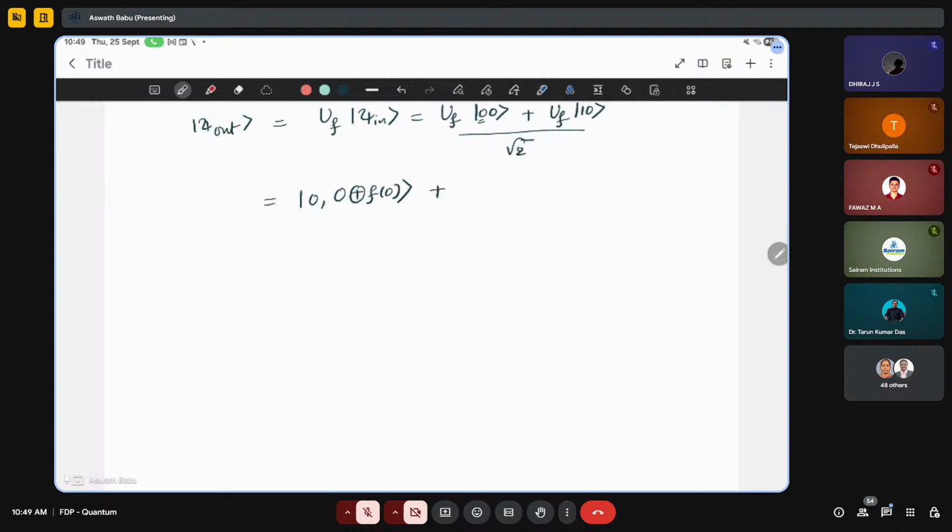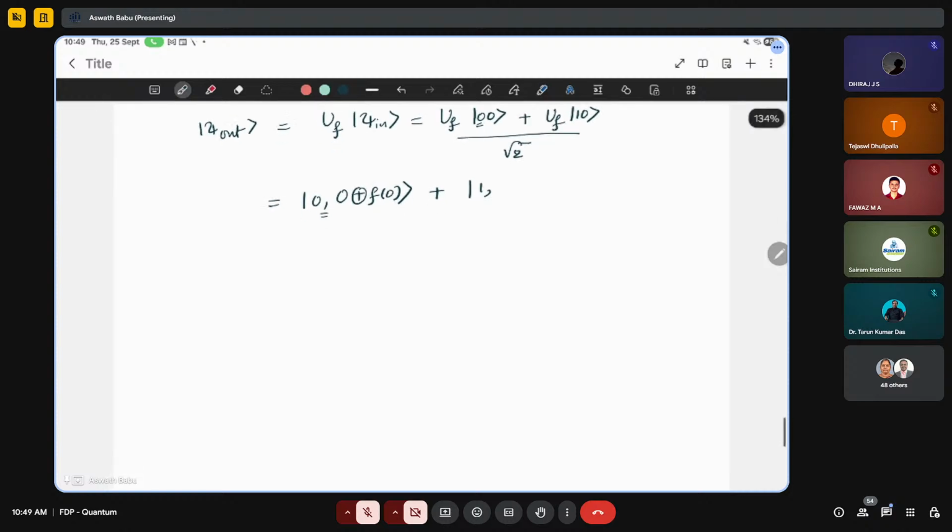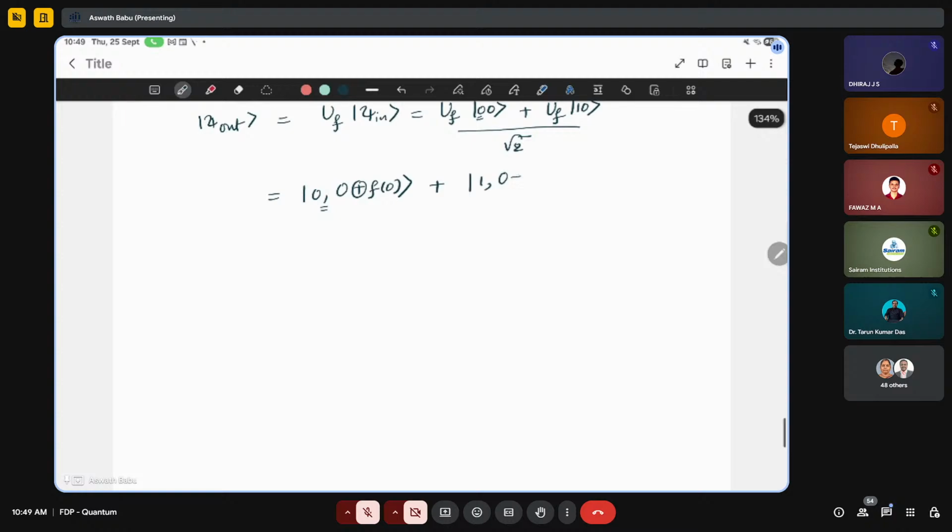Very good. If you want, you can put a comma just for your convenience. And I'll also put a comma for the latter case where the target is anyway 0. For that, you are adding f of 1, divided by square root of 2. Now, if you carefully see here, you are adding 0 to f of 0, 0 to f of 1, so they are not going to change anyway.